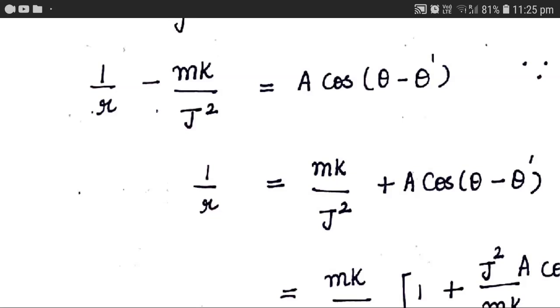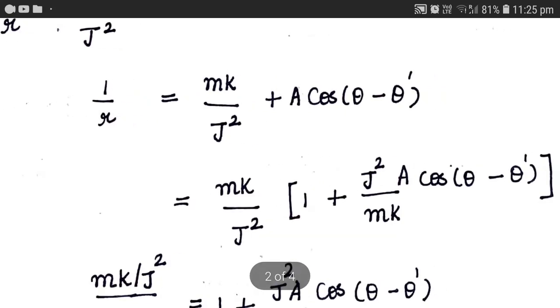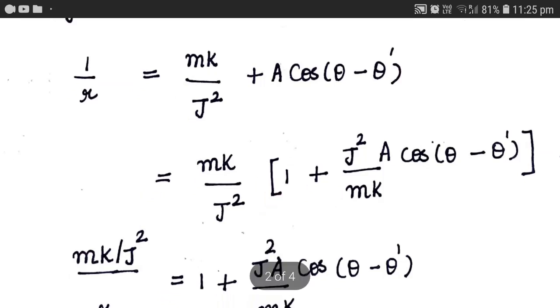Next, on the right hand side, we are going to pull mk by j square out of both the terms. When we pull out mk by j square, the first term will be equal to 1. The second term becomes, since we do not have mk by j square, we have to multiply it by j square by mk, into a cos theta minus theta prime.